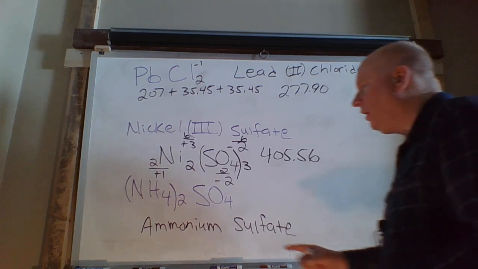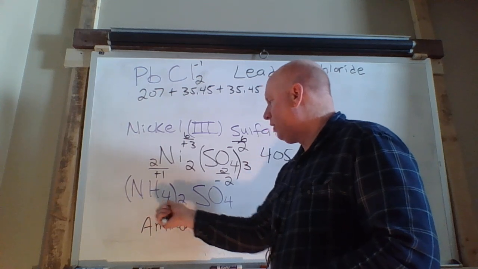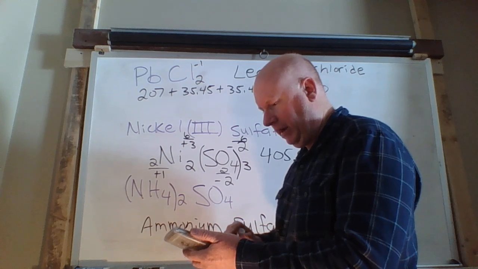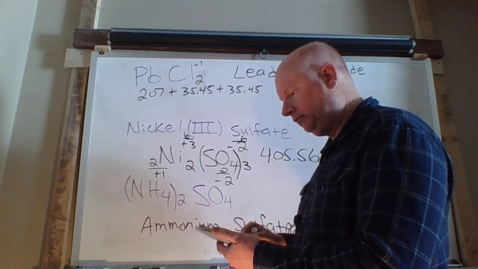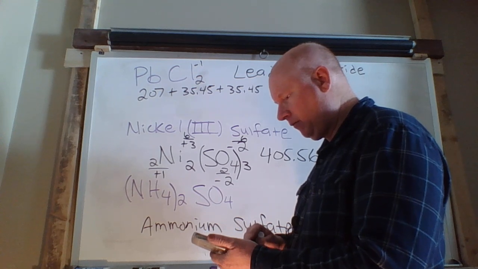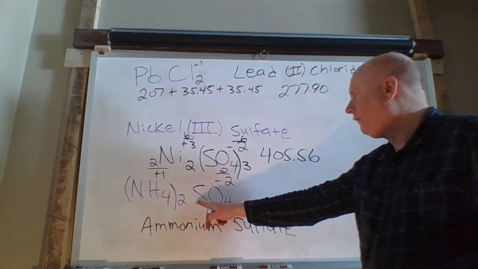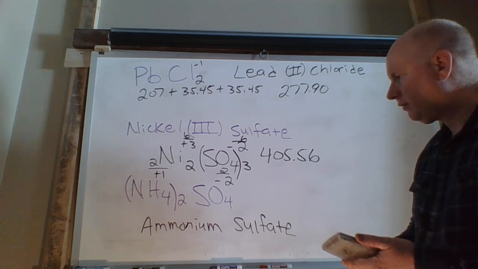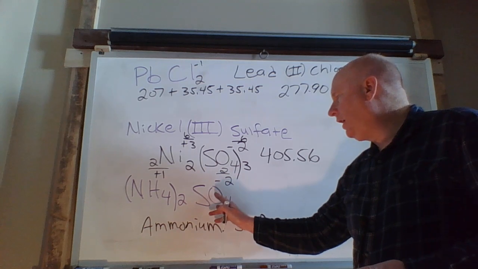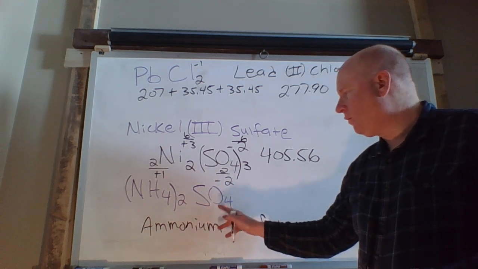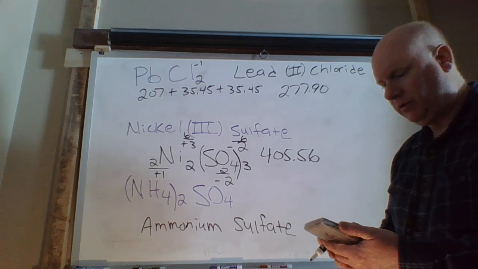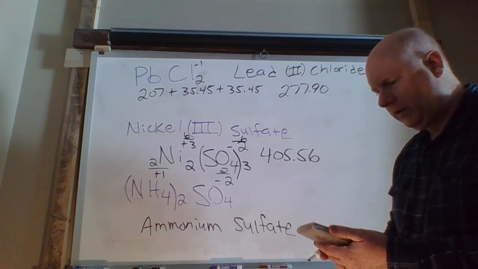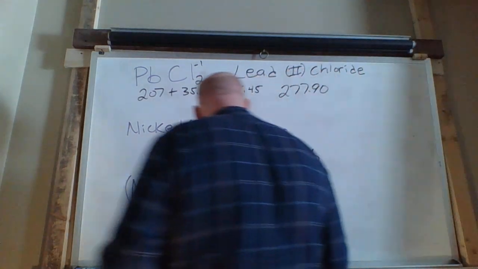And then 1 hydrogen is 1.01, but we've got 8 of them, so we're going to add 8.08. And then 1 sulfur atom is 32.06. And then 1 oxygen is 16. 16 times 4 would give you 64. So we're going to add that on to the end. Therefore, that gives us 132.16.